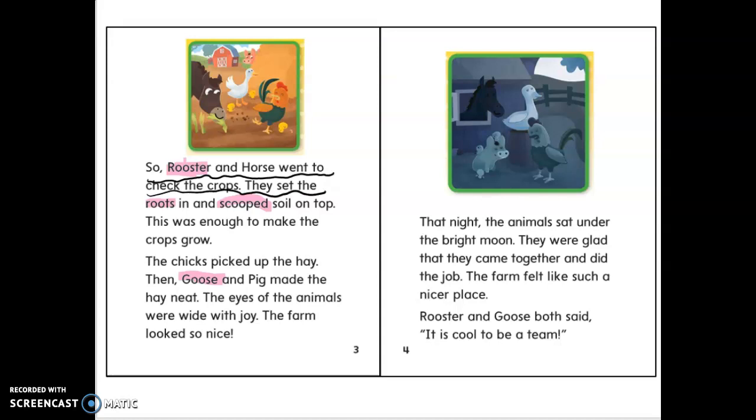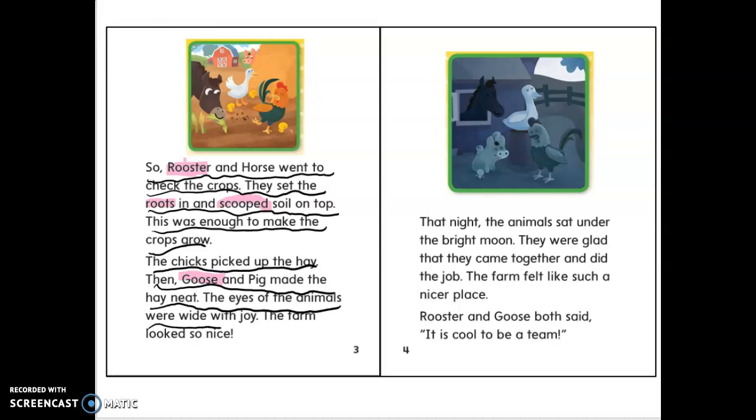They set the roots in and scooped soil on top. This was enough to make the crops grow. The chicks picked up the hay. Then Goose and Pig made the hay neat. The eyes of the animals were wide with joy. The farm looked so nice.